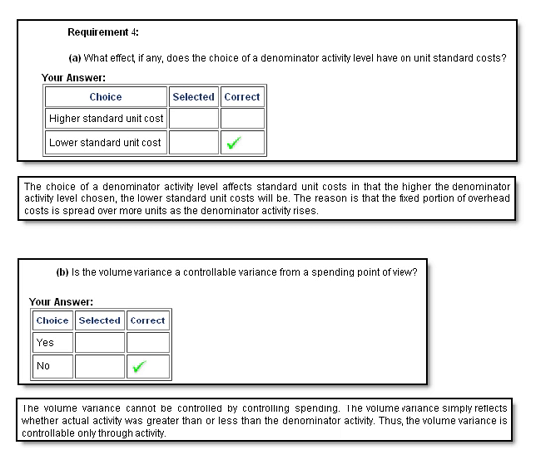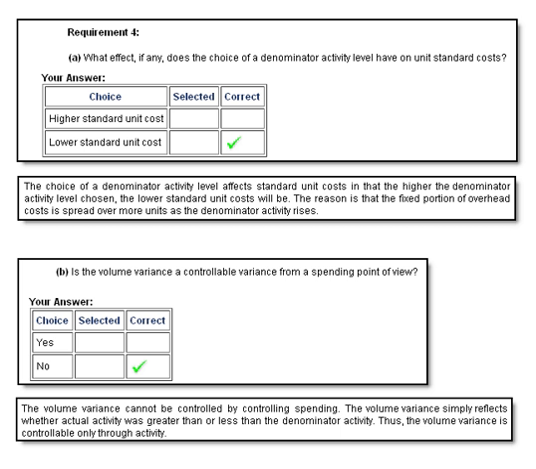And that's because the fixed portion of overhead cost remains the same, right? But it's spread out over more units. So anytime we take a numerator and divide it by a larger denominator, the answer we get is a smaller result. Okay, and that's why we wind up with lower standard unit costs.